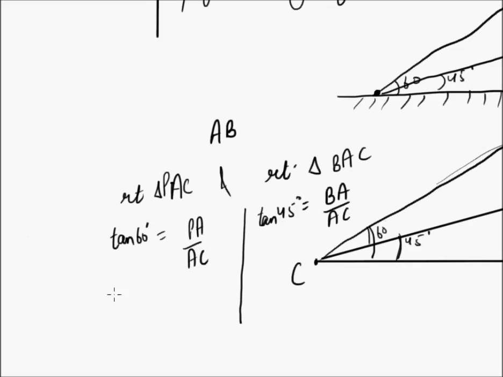Now from the first part, AC is PA over tangent 60 degree, whereas from the second part, AC is BA over tangent 45 degree.